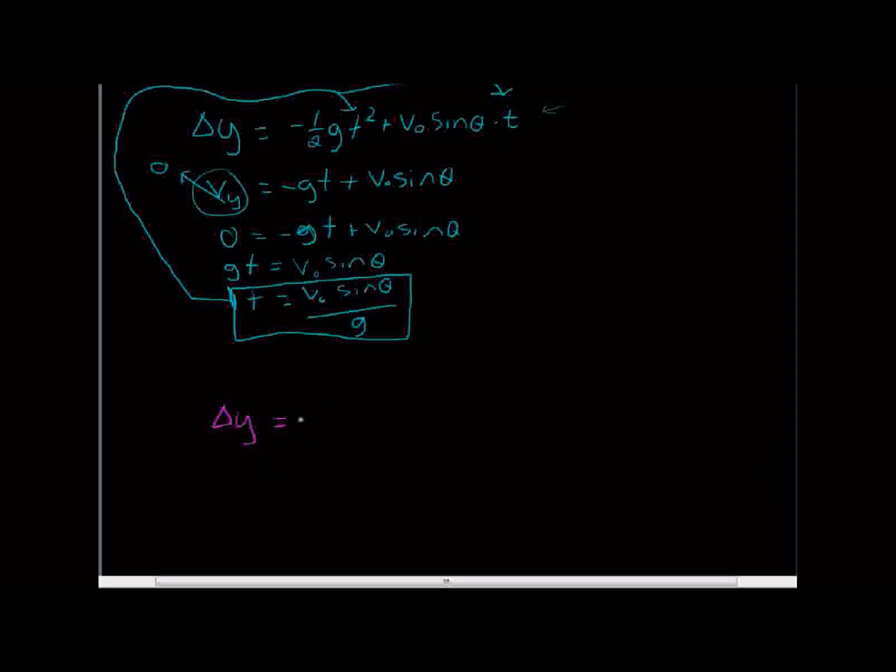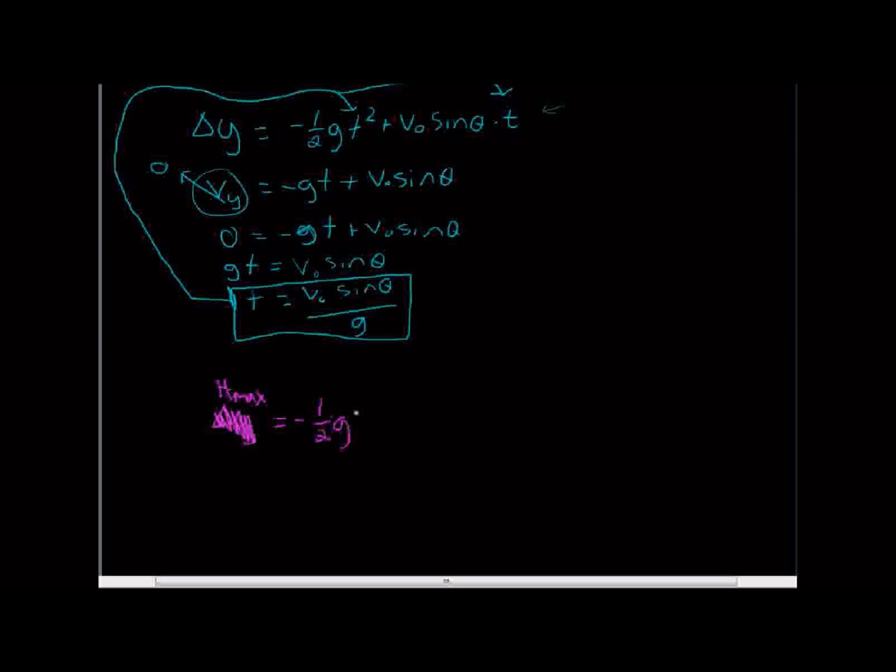Instead of writing delta y, because we're no longer writing delta y in terms of t, we're writing the maximum height in terms of the time that we just discovered. So this right here will be solving for the maximum height, either h max or y max or whatever you want to call it. Either way, it's the maximum height.